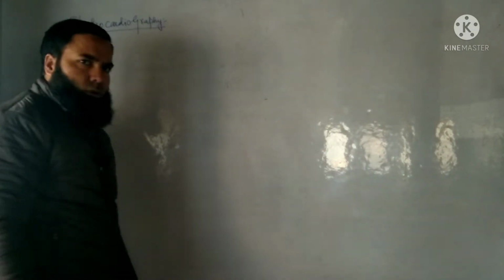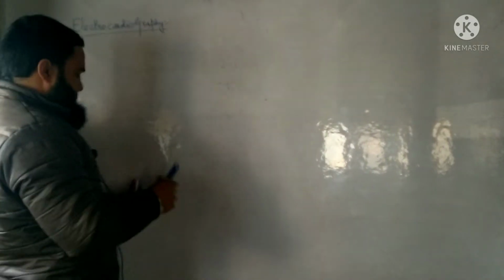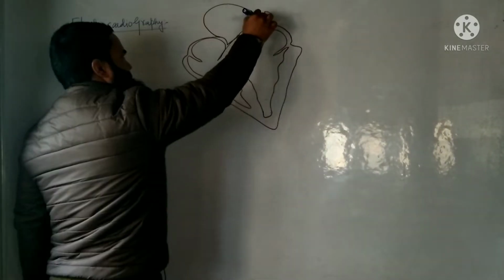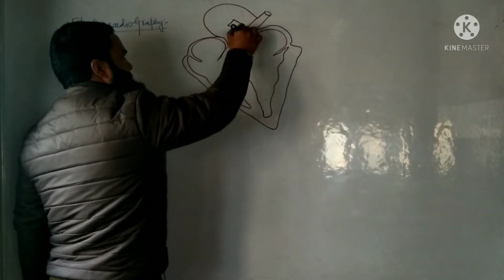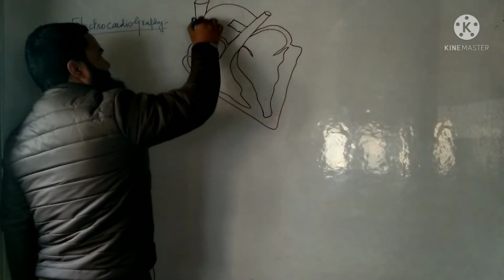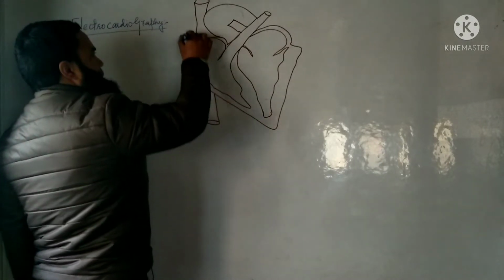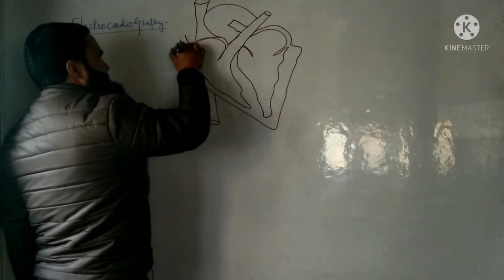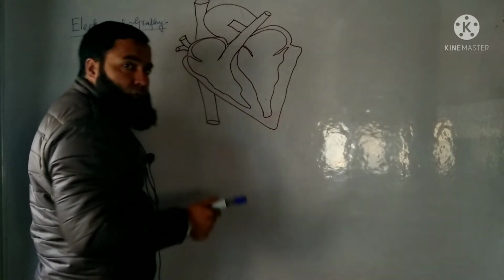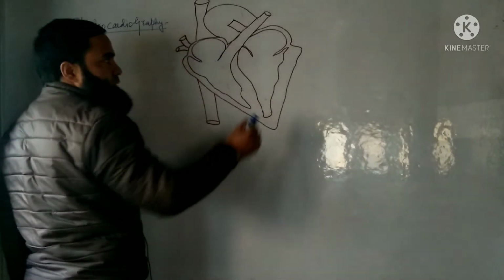Before we discuss the electrocardiography, we must draw the structure of the heart. So let us draw the structure of the heart firstly. This portion is called the main aorta. This is called the superior vena cava, and this is the inferior vena cava, and these are the right pulmonary veins which get emptied into the left atrium.